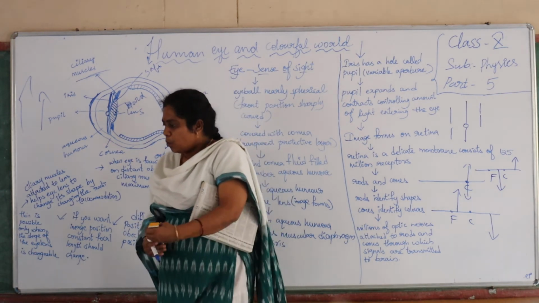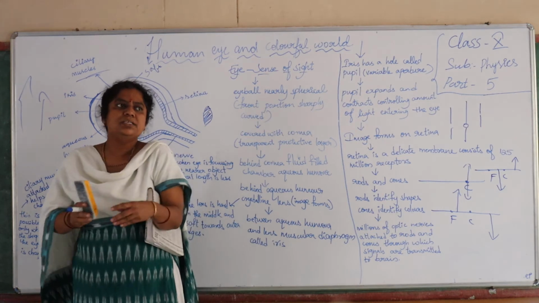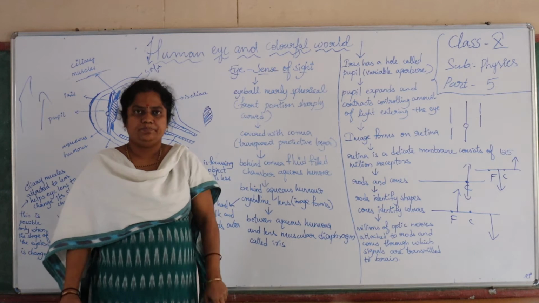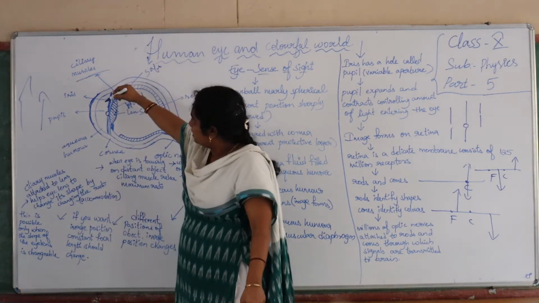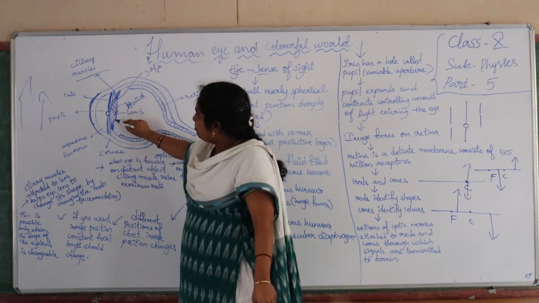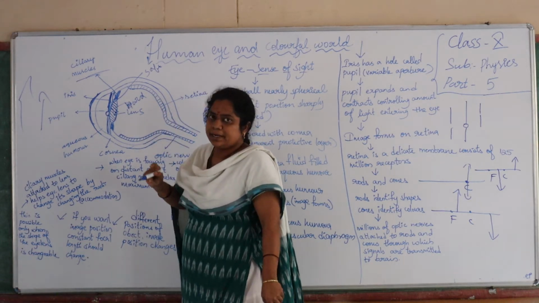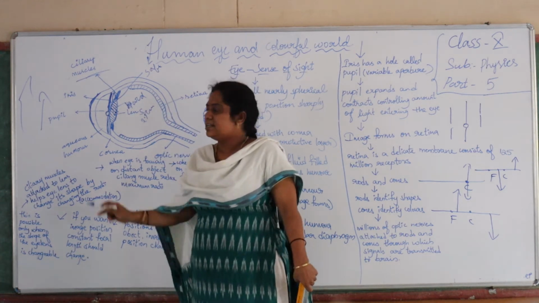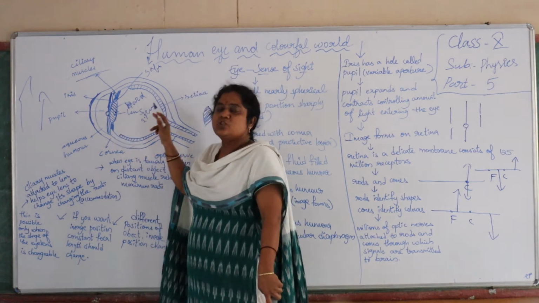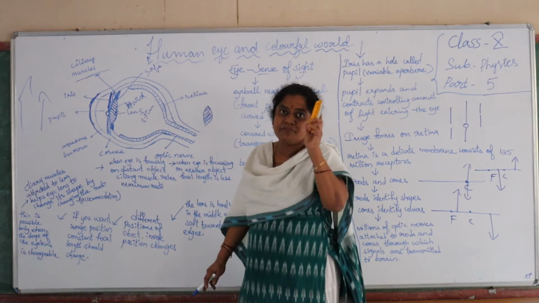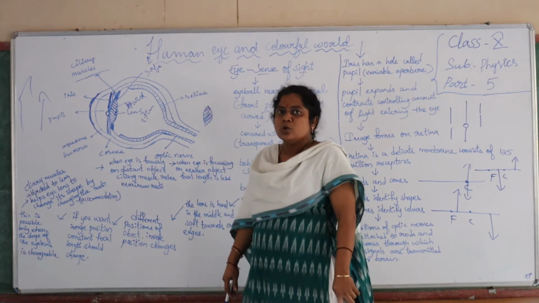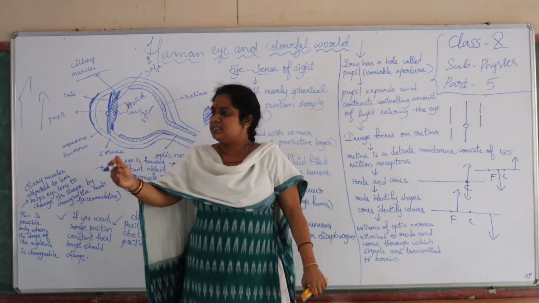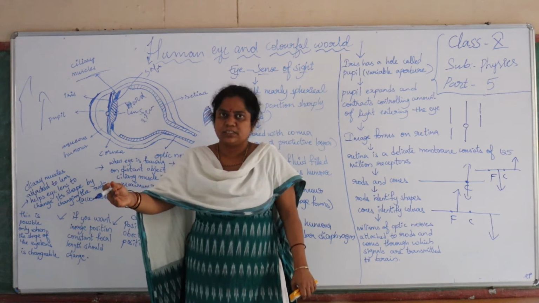Suppose a person is seeing an object near the eye. One thing you have to remember first is that the distance from the lens to the retina is 2.5 centimeters. So what will happen when a person is seeing a nearer object?